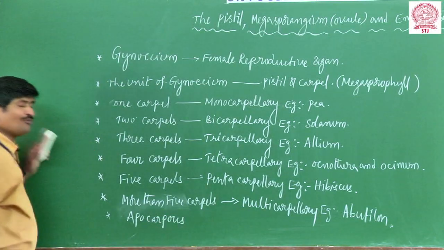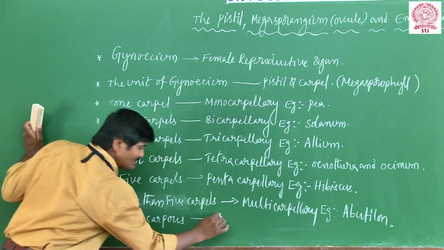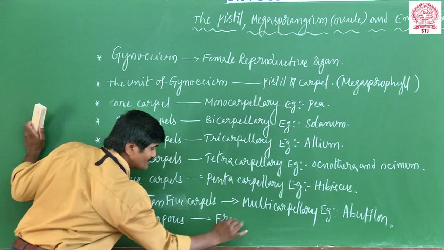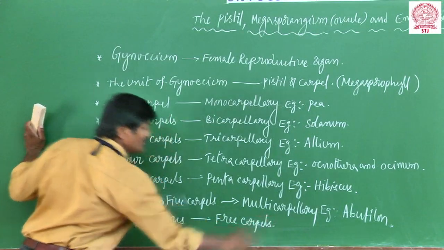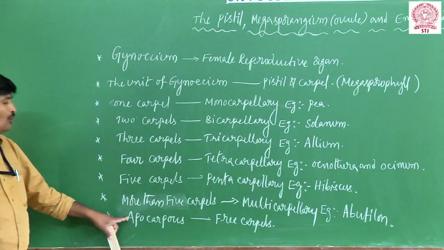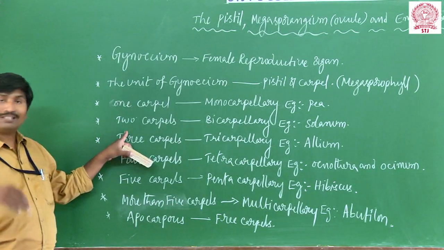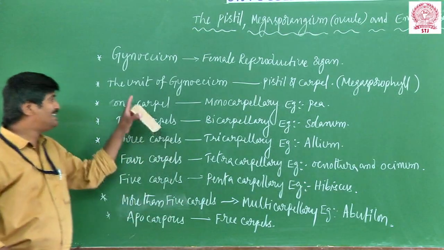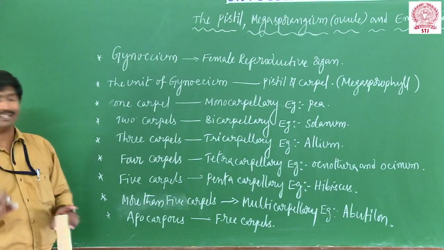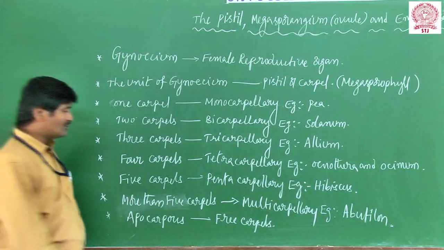What is the meaning of apocarpous? Apocarpous means free carpels. When the carpels are more than one and are present in the gynoecium in a free condition, that is known as apocarpous.